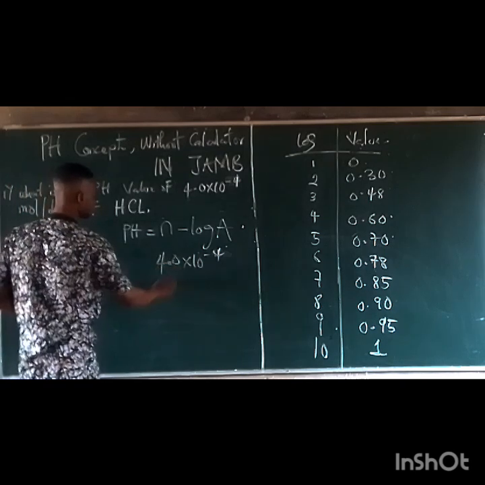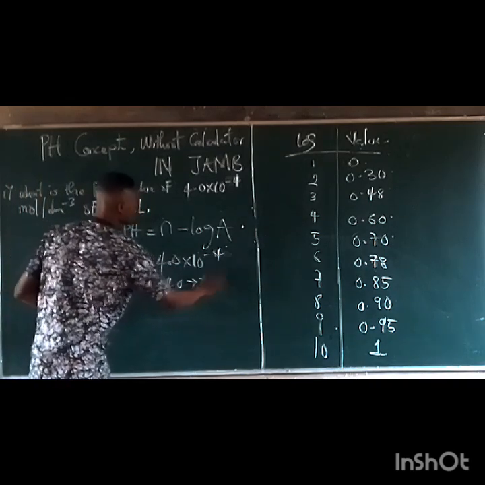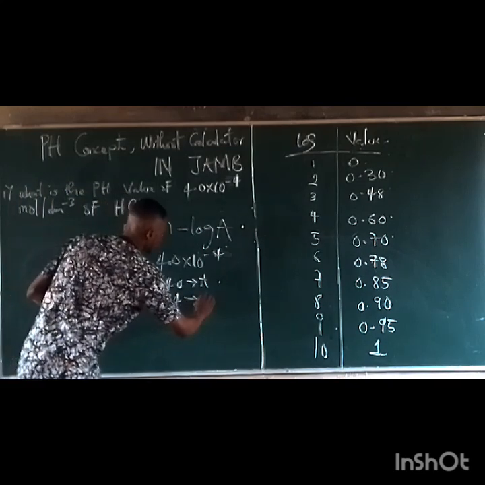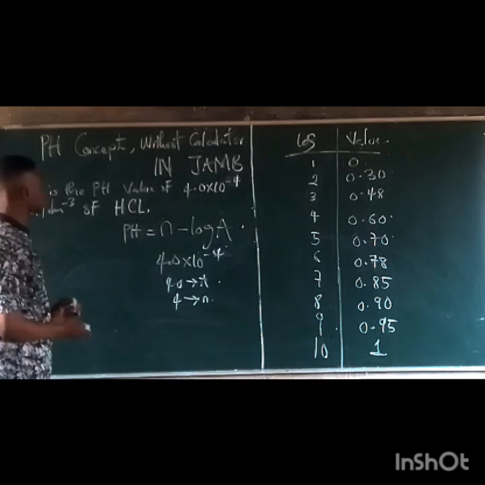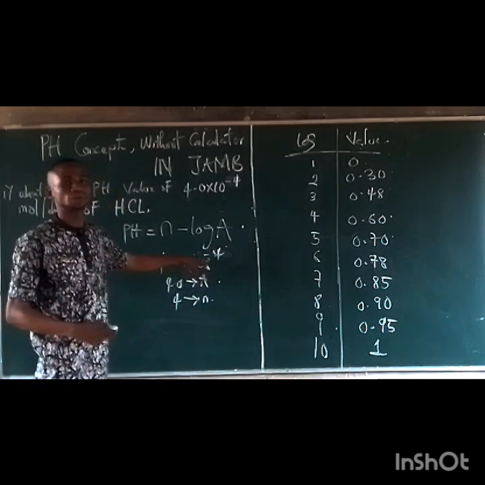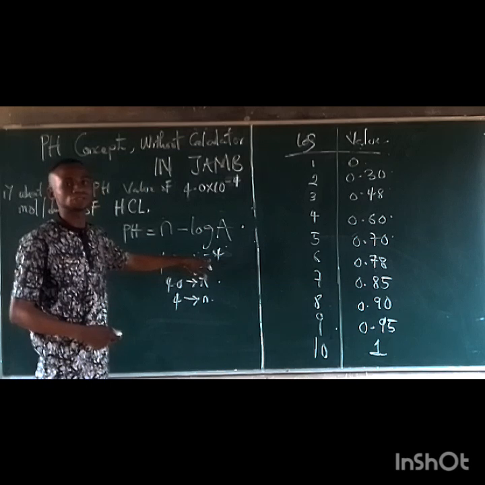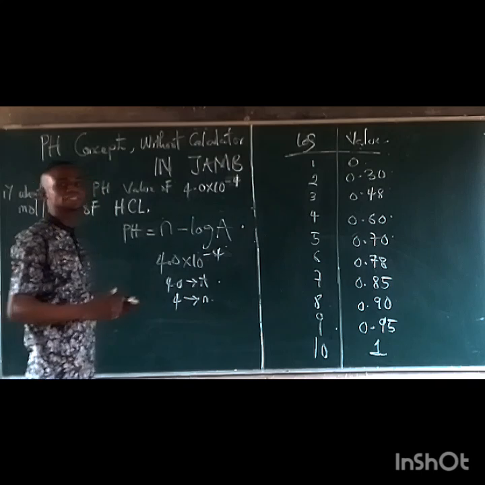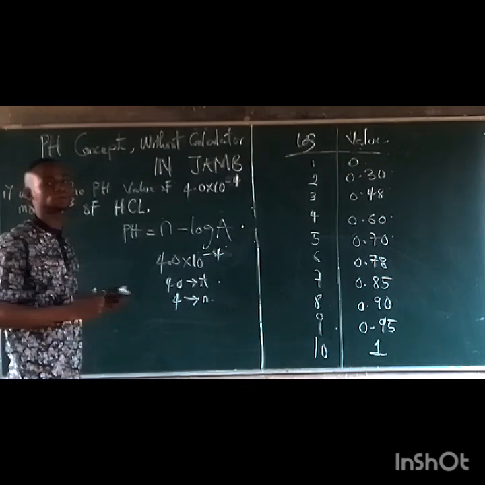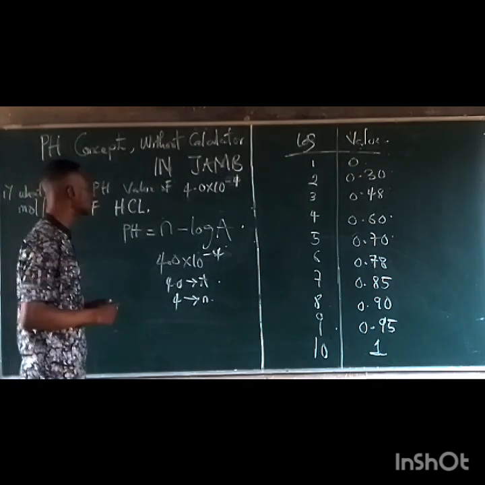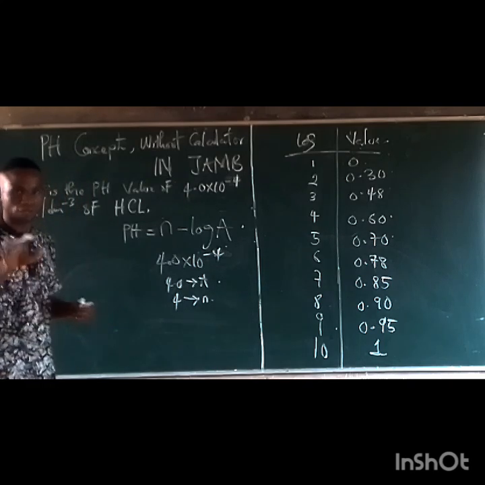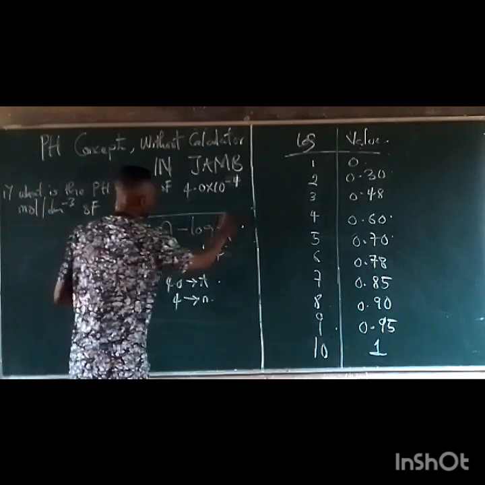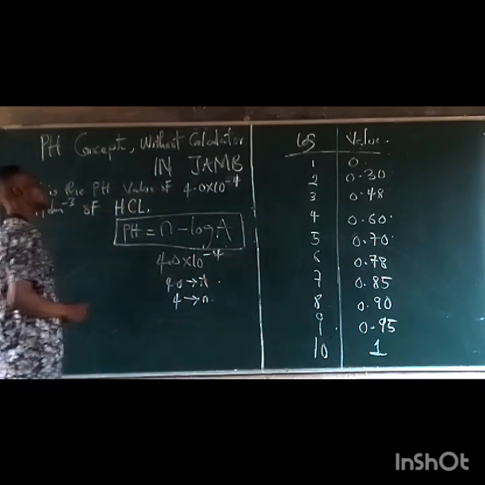This 4.0 is our A as being standard form, while the 4 is our N. But you will notice that this is minus 4, not 4. Despite the fact that it's a minus 4, don't take the negative sign. Just take the value there alone and leave the negative sign. Don't bother yourself about the negative sign. So definitely, this is the formula we are going to use to tackle pH under JAMB.